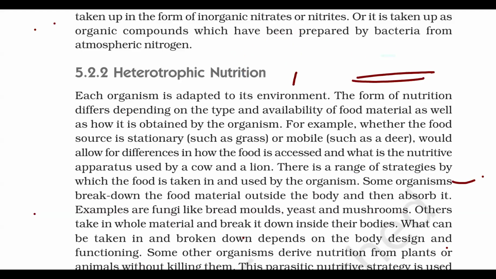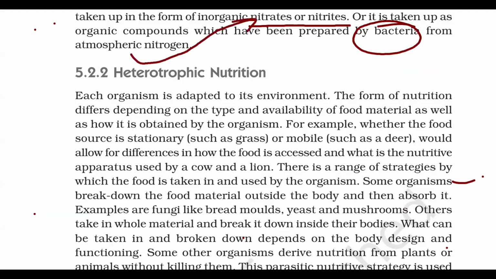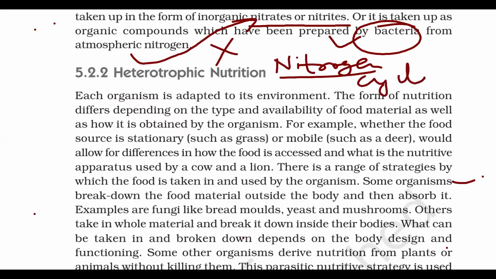But to prepare this protein, atmospheric nitrogen is converted into nitrates or nitrites by bacteria. Plants cannot directly convert atmospheric nitrogen into nitrates or nitrites, but it can be converted with the help of bacteria. For 10th class, you should know this only. Otherwise, in 11th class, you will study the nitrogen cycle to explain how atmospheric nitrogen is converted into nitrates and nitrites.